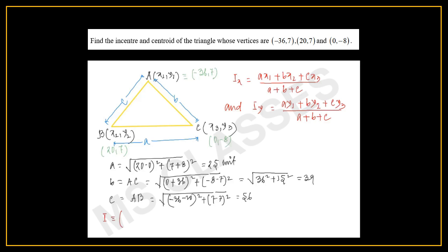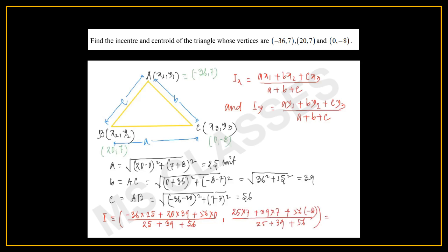So we get (-36 x 25 + 20 x 39 + 56 x 0) divided by (a + b + c), that is 25 + 39 + 56, comma, (25 x 7 + 39 x 7 + 56 x (-8)) divided by 25 + 39 + 56.